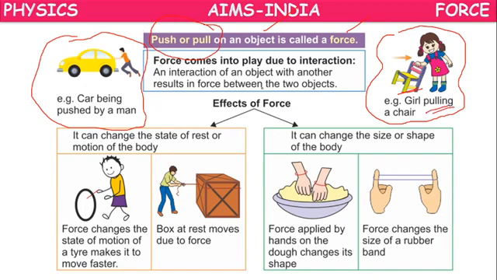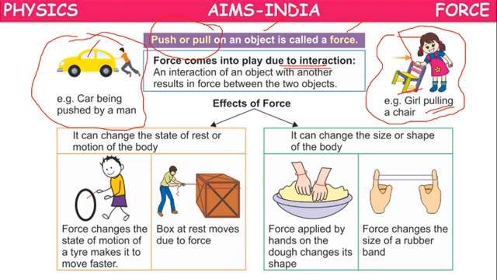Force comes into play due to interaction between the objects: interaction between the car and person, between the chair and girl. Because of the interaction of two objects, force comes into play.